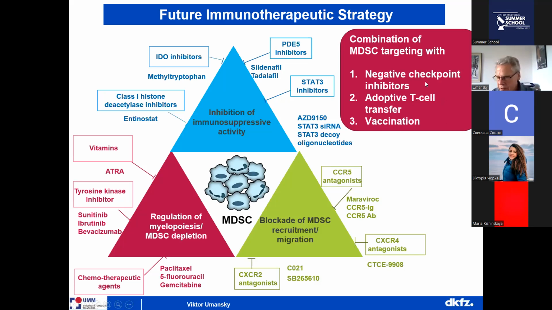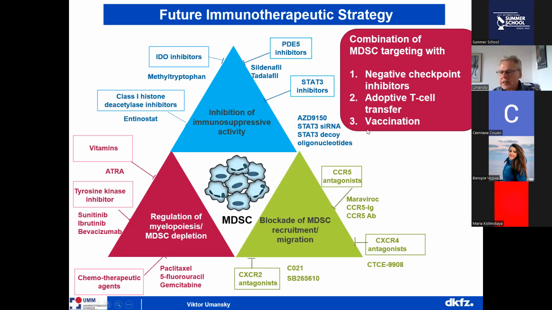The first approach is already approved and used in Europe and the United States. The second, adoptive T cell transfer, unfortunately, is still at the level of clinical trials and not yet approved. So probably it's a question of the future. The first one can be used immediately.